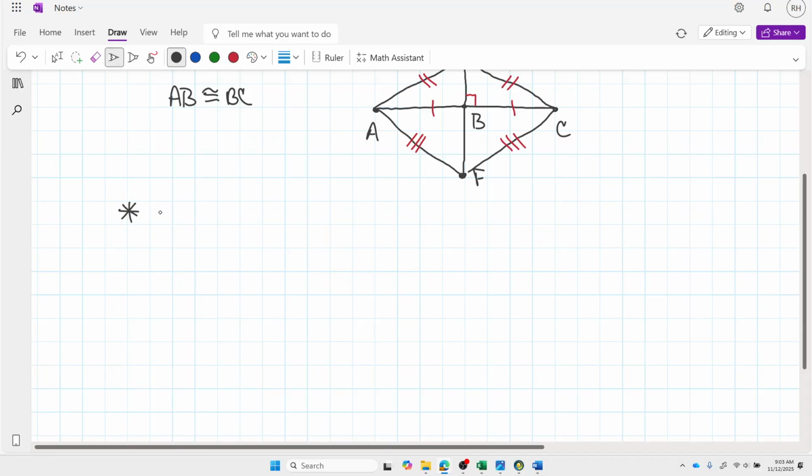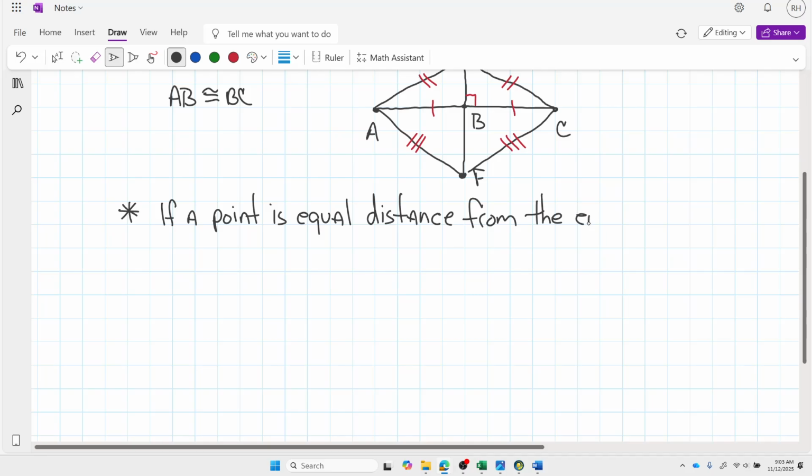And it states that if a point is equal distance from the endpoints of a segment, then it is on the perpendicular bisector of the segment.